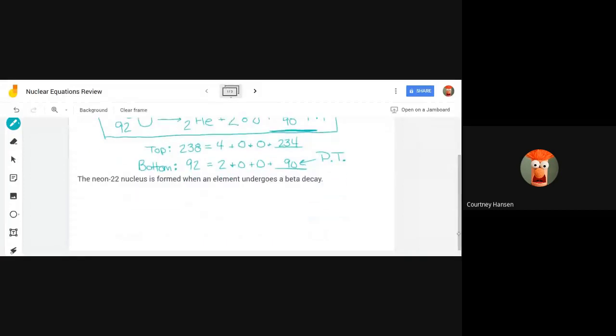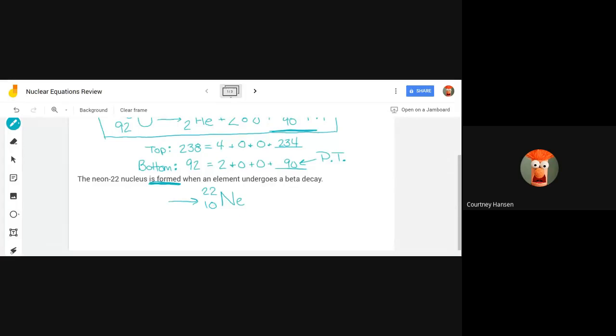All right, neon-22 nucleus is formed. Now this stands out. They're telling us that this is a product, meaning it's going to come after that arrow. Okay, neon-22. So 22 is the top number. Neon is the element, and on the periodic table, neon is element number 10.